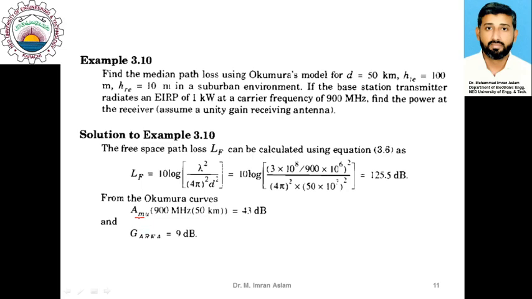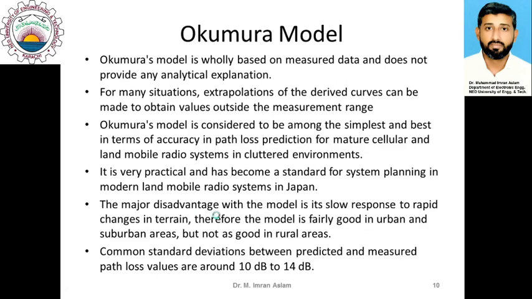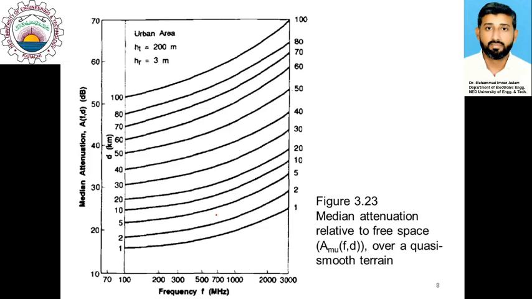So we want to find this median attenuation when the operating frequency is 900 megahertz and the distance of propagation is 50 kilometers. In order to do that, we have to go back to this curve.